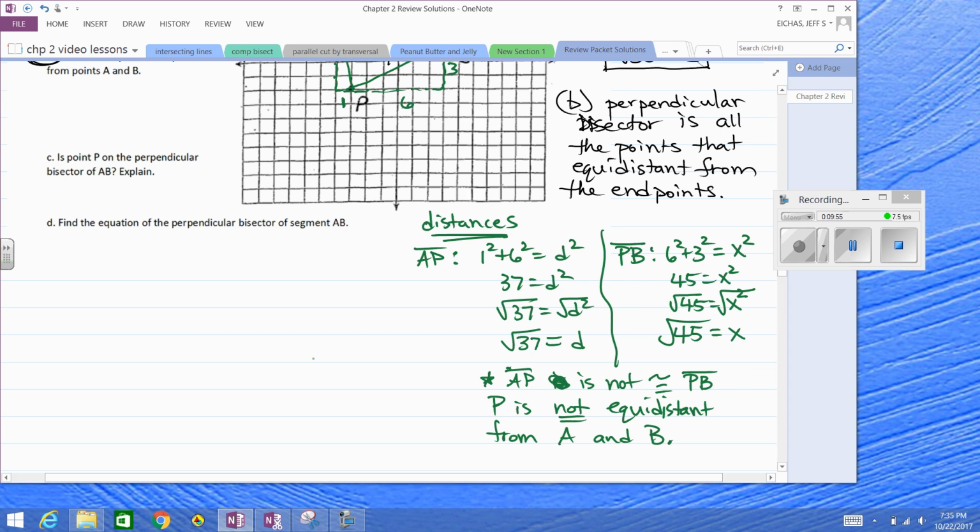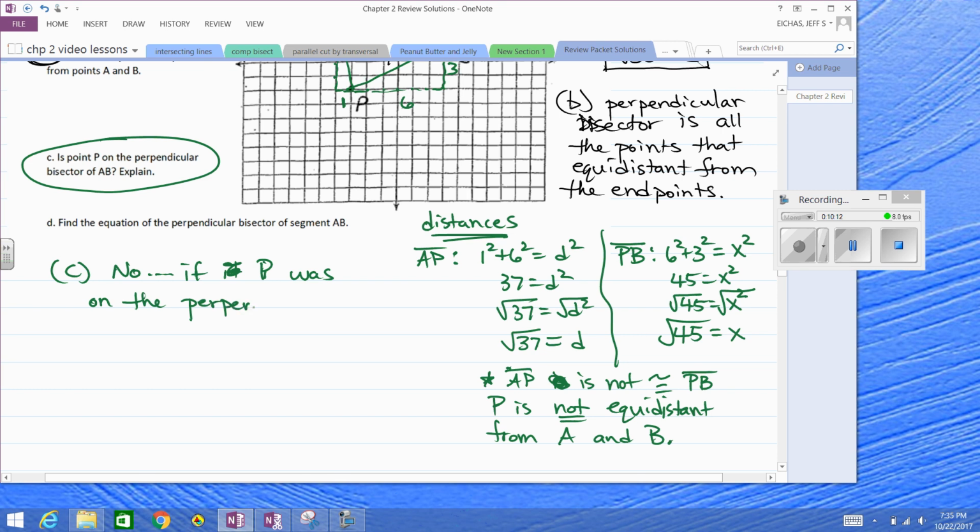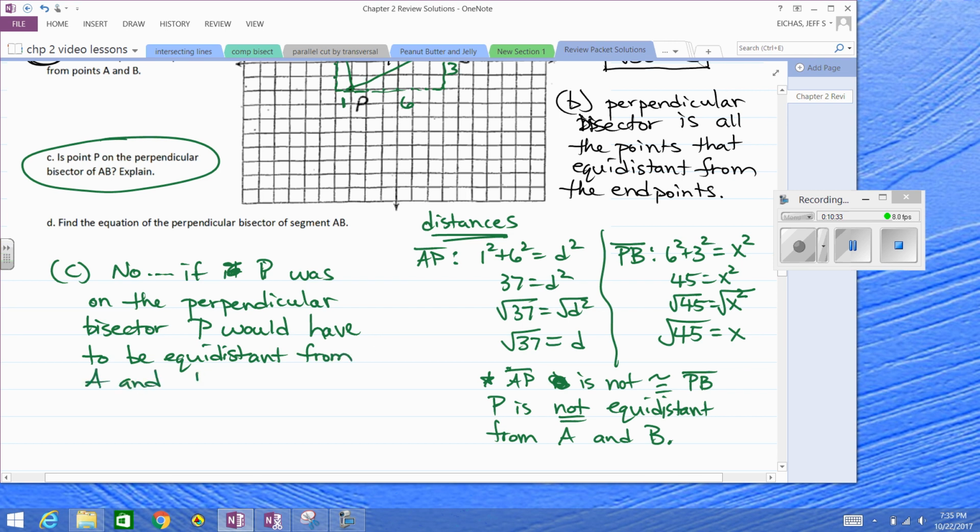All right, let's finish up. Is point P on the perpendicular bisector? No. If P was on the perpendicular bisector, P would have to be equidistant from A and B. That's by the definition of it.